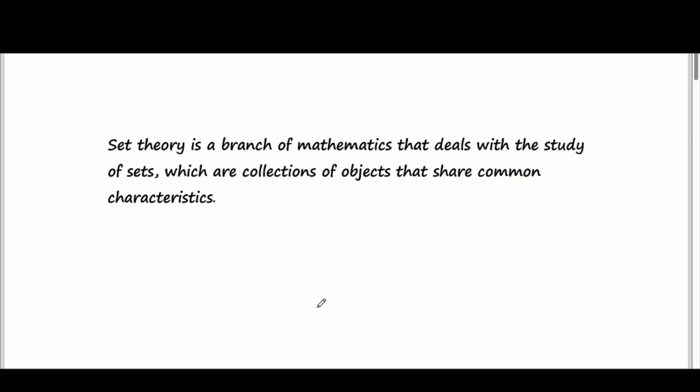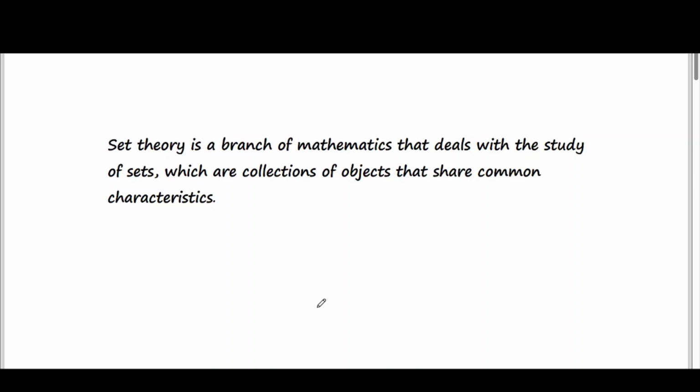You can say set theory is a branch of mathematics that has its root from ancient times, and has evolved into a powerful tool for describing the structure of the world around us. So we are discussing the background of this.